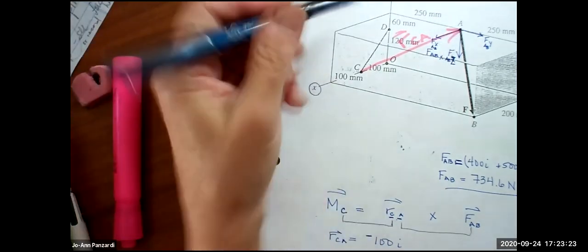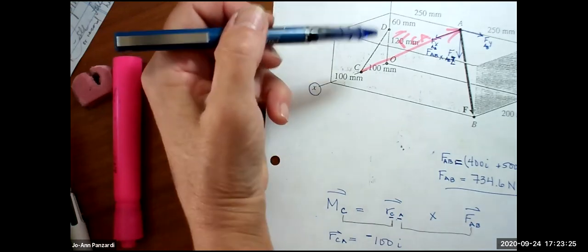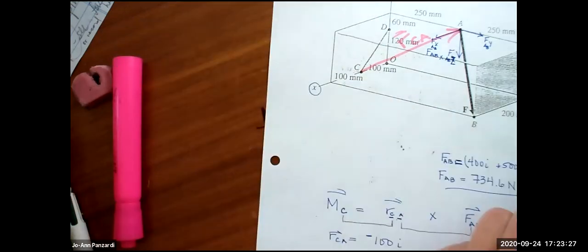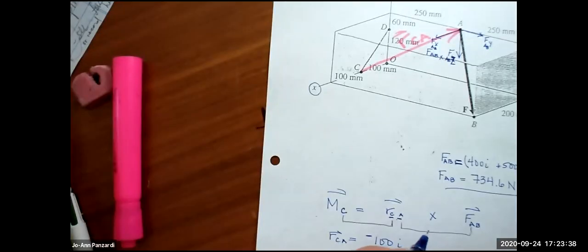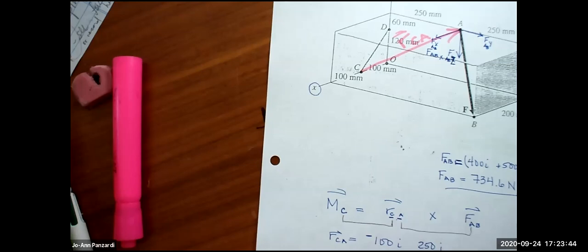Okay, how about Daniel H? What about Y? Here's my Y axis. Going from C to A, what's the distance I'm going? Would that be 250 millimeters? Yep. Positive or negative? Positive.